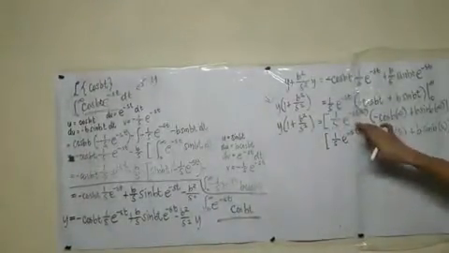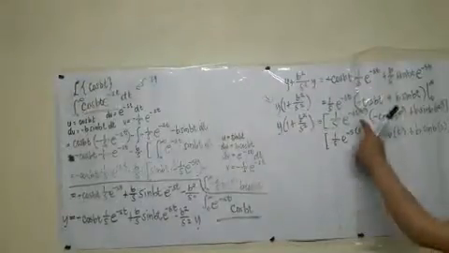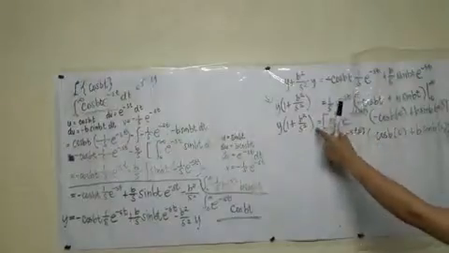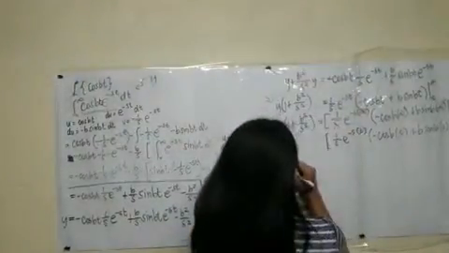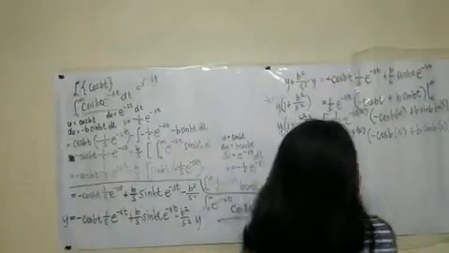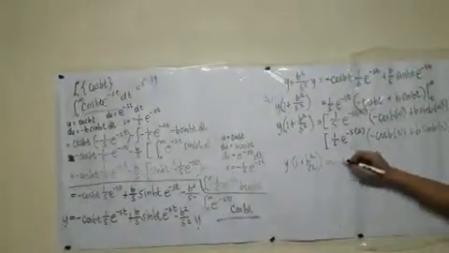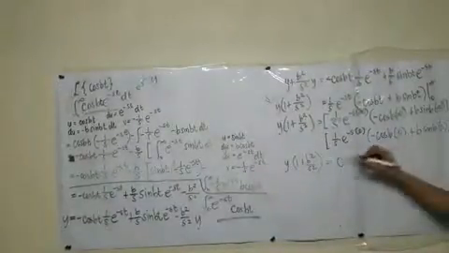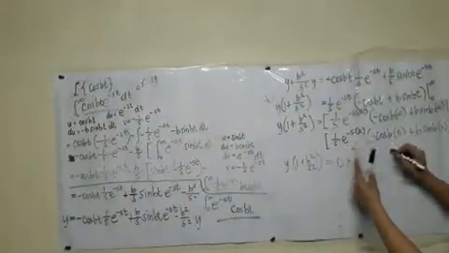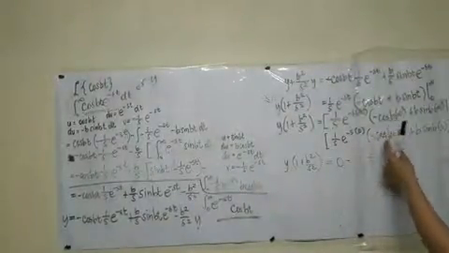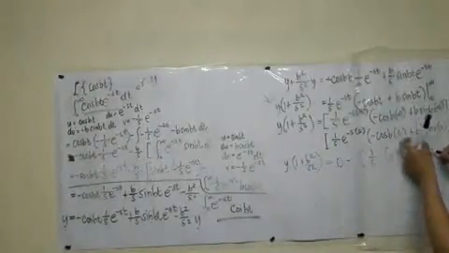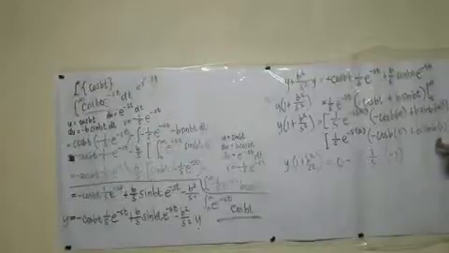And e to a negative number with an exponent of infinity is equal to 0, so distributing it, this term will become 0. So y times 1 plus b squared over s squared equals 0 minus 1 over s times negative cosine b 0, which is 1. And this term, sine 0, is 0.